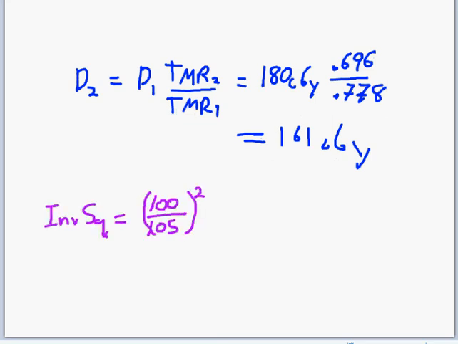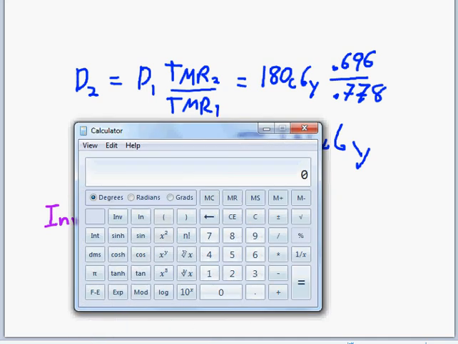So let's write that here. The inverse square factor is just going from 100 to 105 squared. Let's bring up our calculator again. 100 divided by 105, and we're going to square it. We get 0.907.